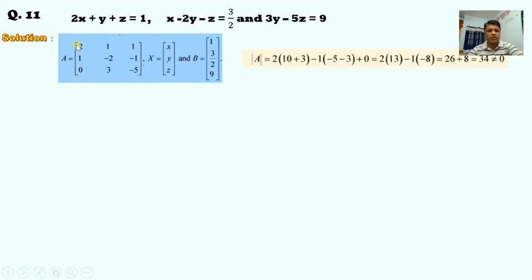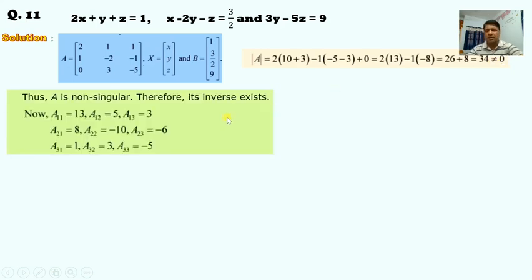So this 2 into, leaving this way, minus 10 minus minus, plus 10 and then plus 3, and then the middle term minus 1, leaving this way minus 5 and then minus 3, and the last one is 0. So it is 2 into 13 minus 1 into minus 8, which is nothing but 26 plus 8, which is 34. 34 is not 0. That means this matrix is a non-singular matrix, means its inverse exists.